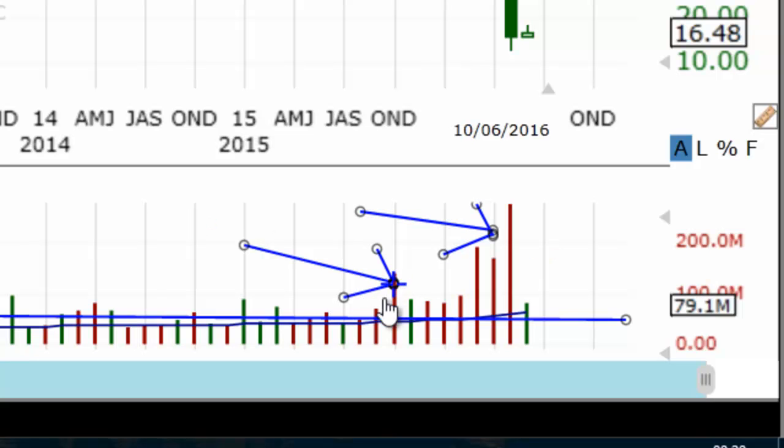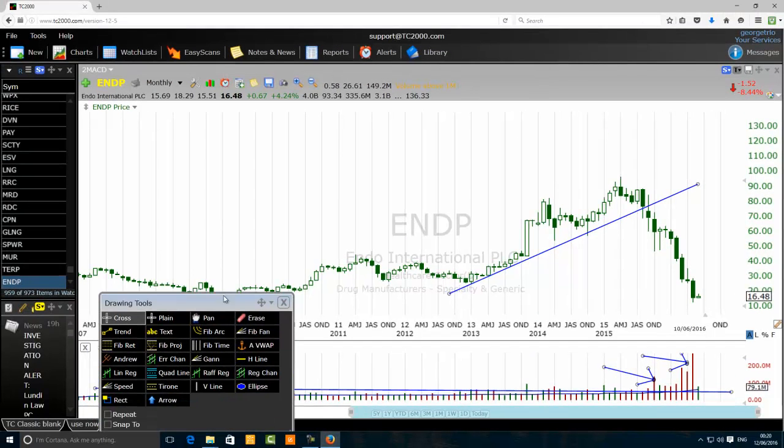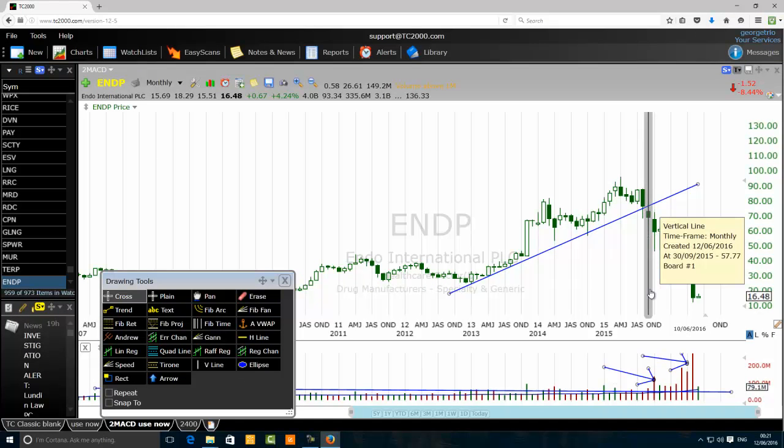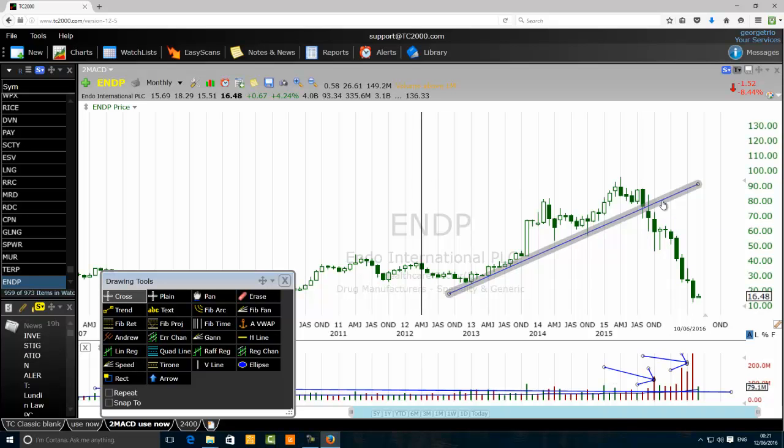If I place a vertical line there, you will see the volume spike did occur during this particular month, this candlestick bar. Look exactly where that volume spike did take place.